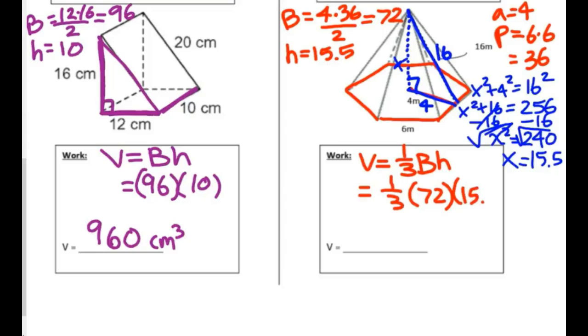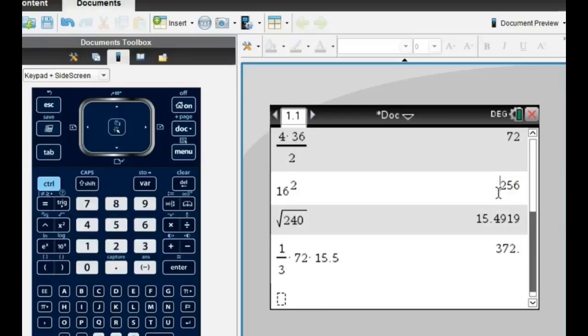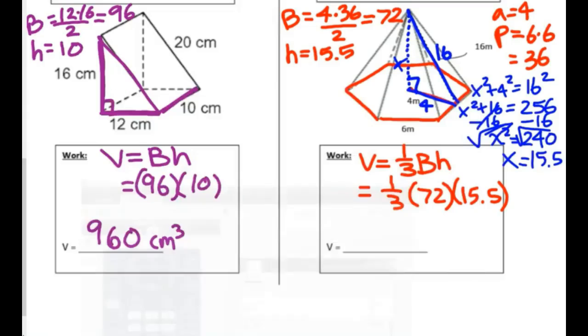Replace H with 15.5. All we're doing is plugging in B and H, and we're going to get our answer. Okay. So, plug it in. I got 372. And my units are meters cubed. Very good.